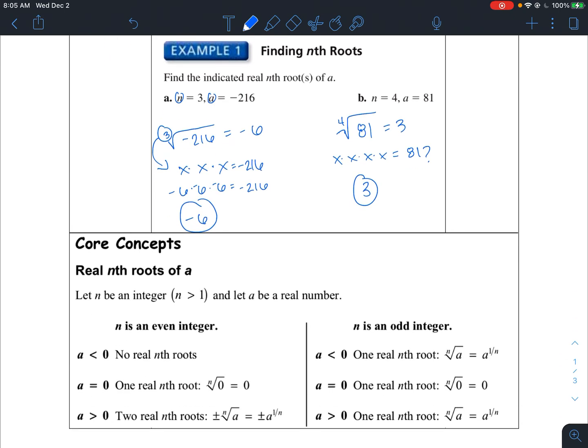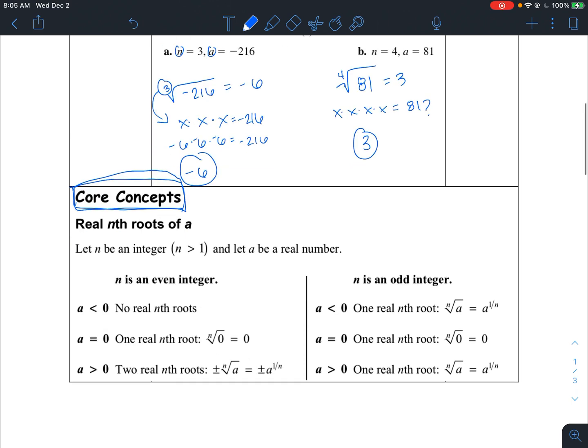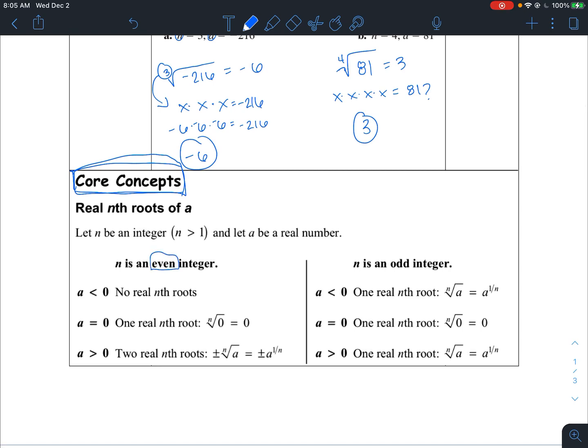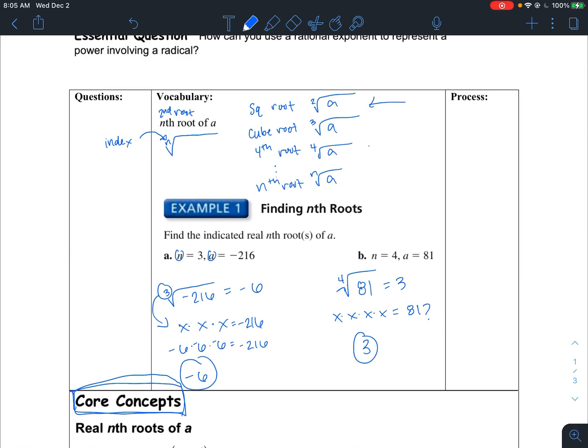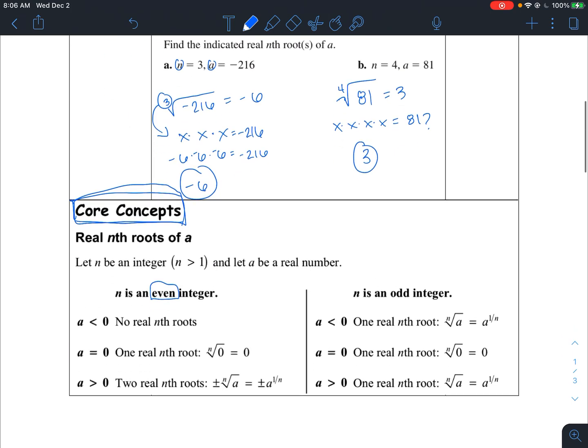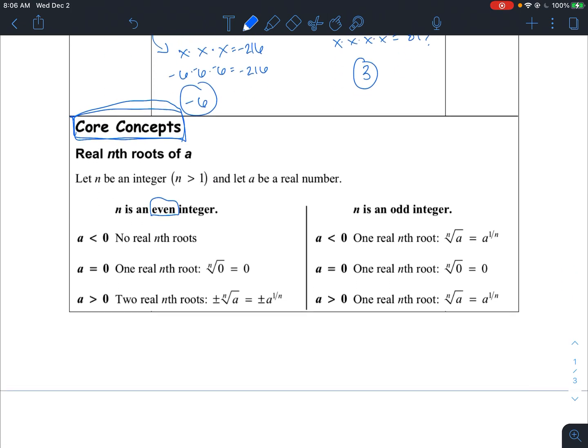Now, here are some core concepts that you should remember. Make sure that you have access to this and that you refer back to this table right here. If n is an even integer, so if you have a square root, or a fourth root, or a sixth root, or eighth root, and so on, so if the root is even, then if a is less than 0, so if you have the square root of a negative number, this means you don't have any real roots.